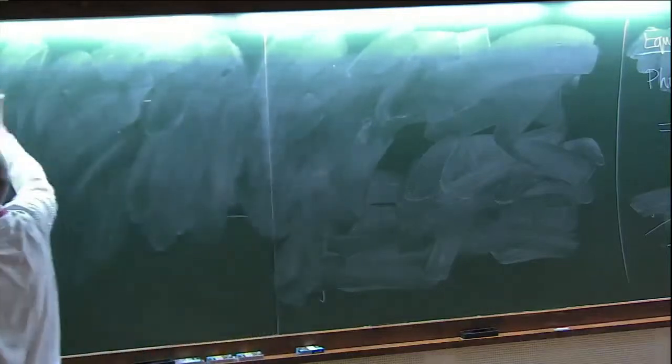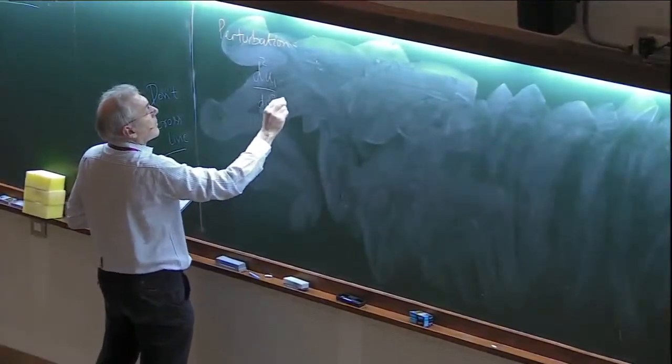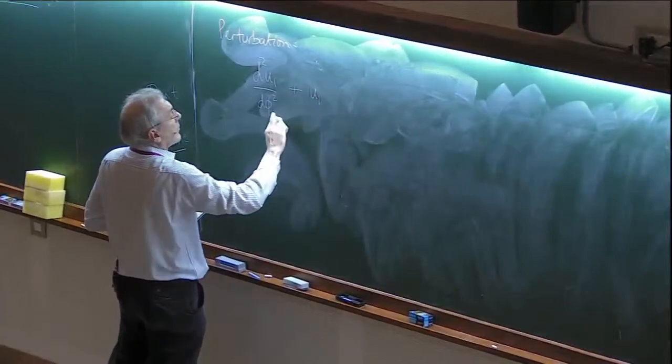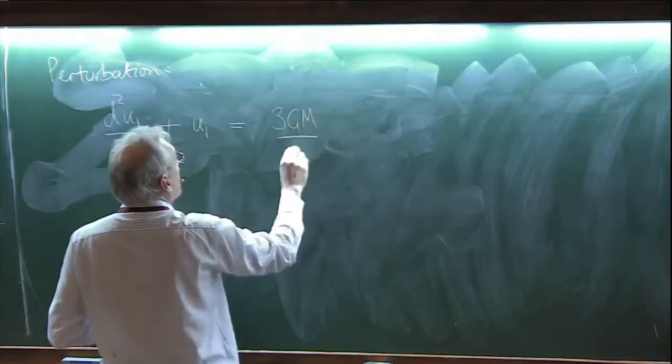Okay, so let's have a look at the perturbation now. So if we take the general equation and subtract off the zero order unperturbed solution, then we just get left with the equation for u1.